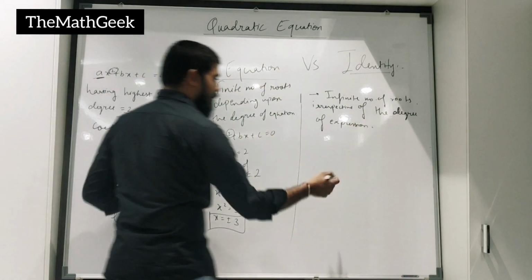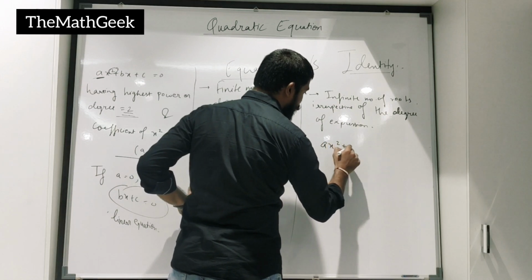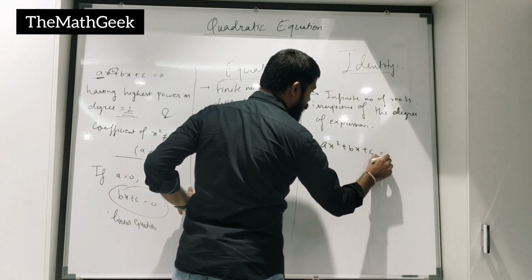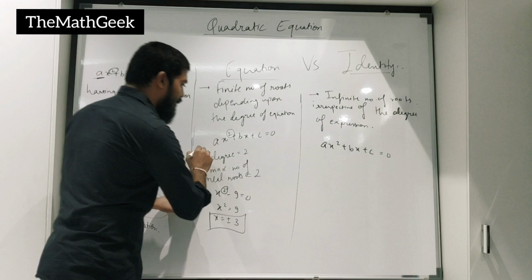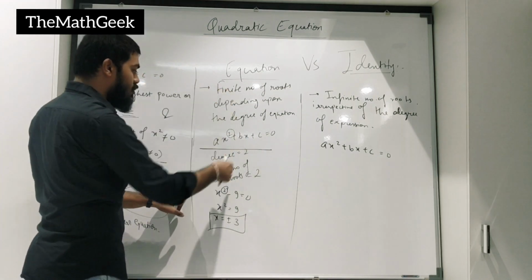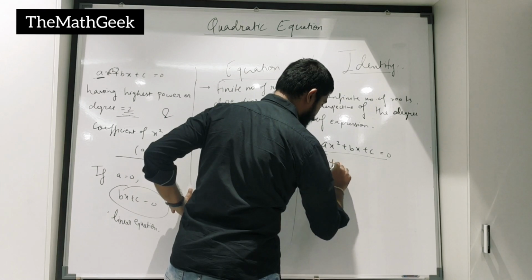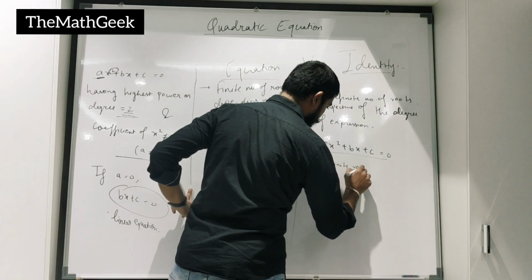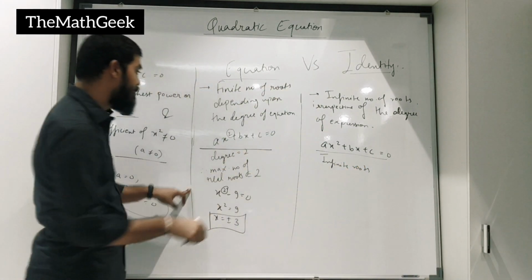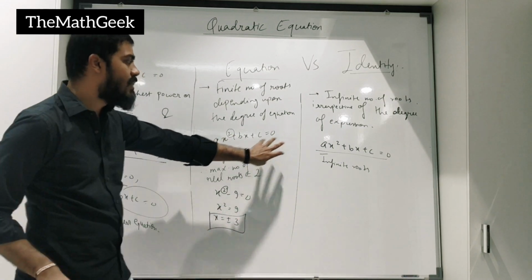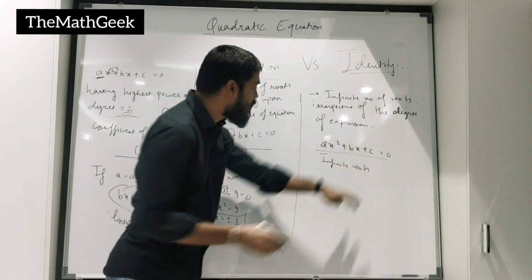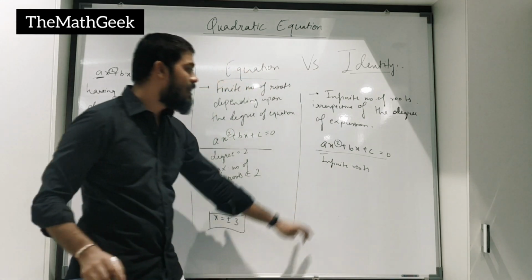Let's take this example again: ax square plus bx plus c equal to 0. Here I am saying that this equation has finite roots, and here I am saying that this same equation, having degree 2, has infinite roots.